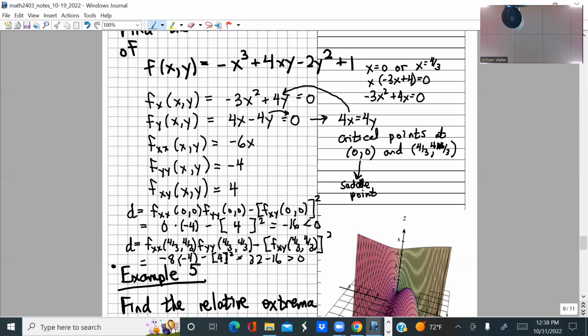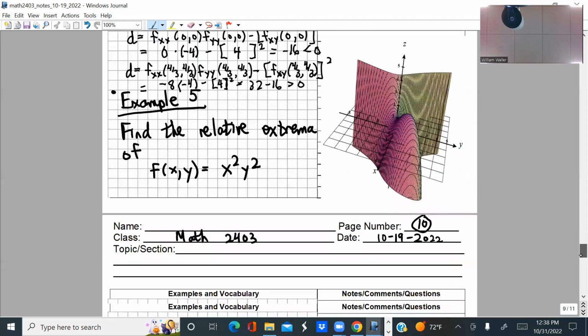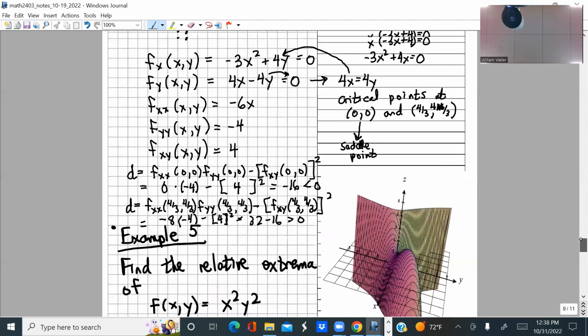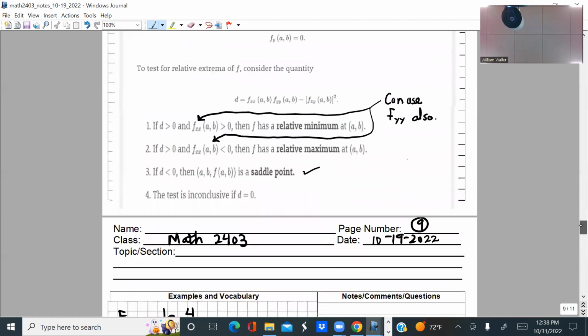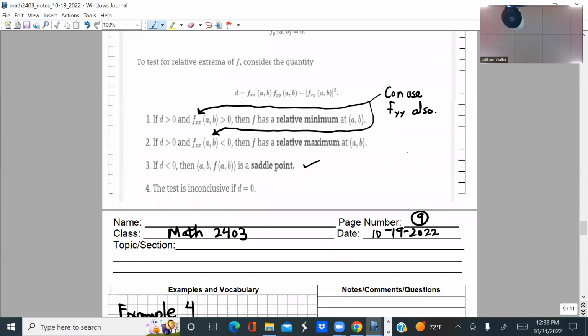Okay, so we're going to get a maximum or a minimum, but the question is which one is it? So what does the test say? Our D value is positive, right? And now we're looking for the second partial derivative with respect to x.